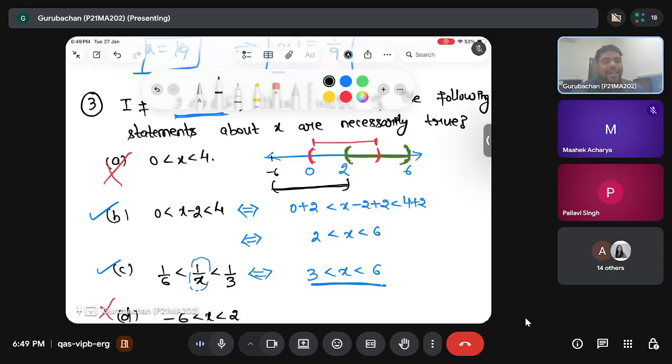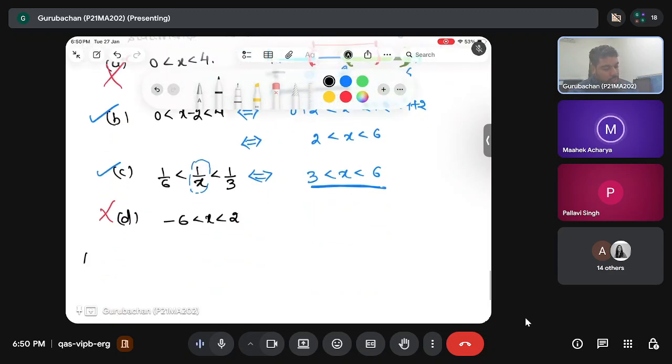This is exactly the complement of the given interval 2 to 6. So till now you got an understanding of supremum and infimum, decimal representation, and this somewhat interval flavor.